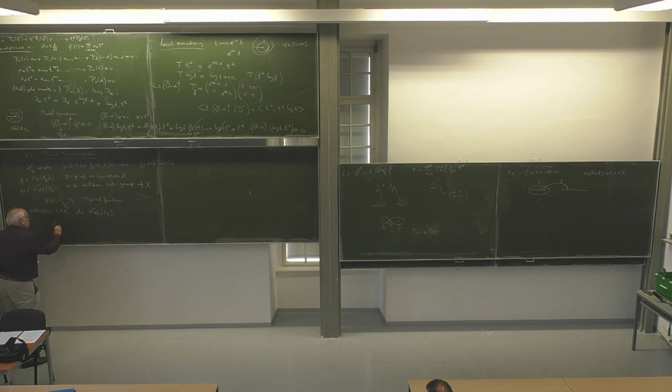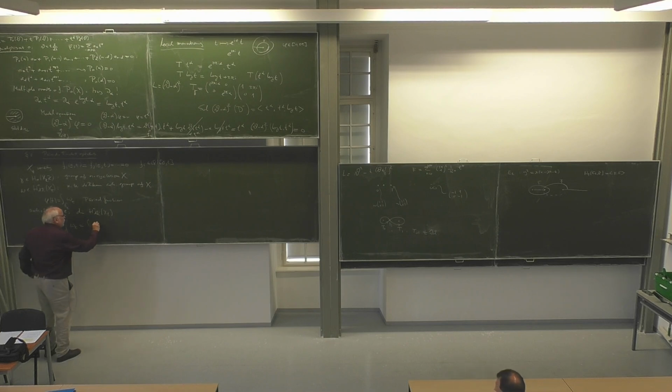The reason is that you can differentiate below the integral sign. So this is in highbrow mathematics the Gauss-Manin connection acting on the de Rham cohomology.